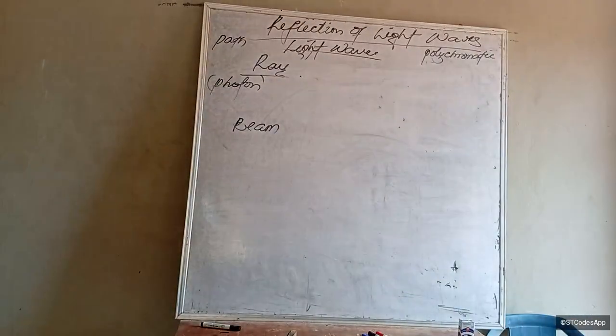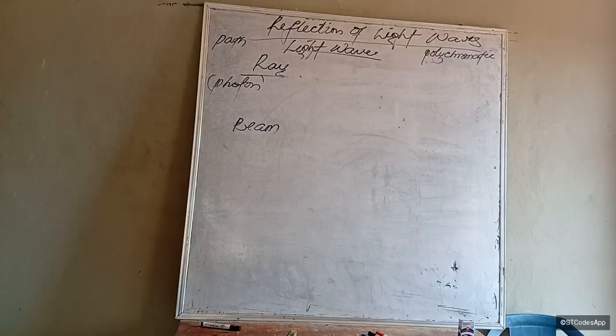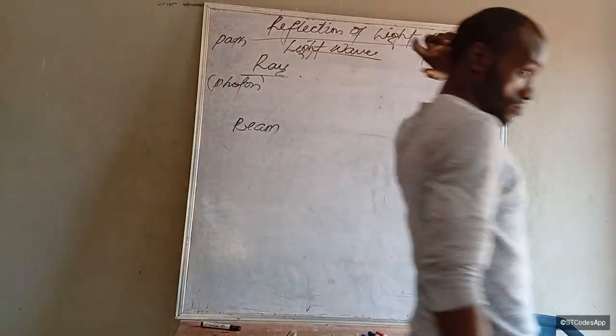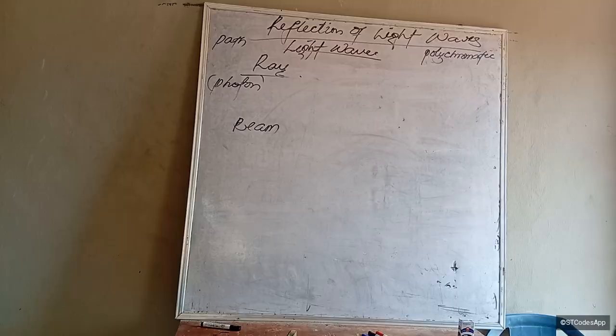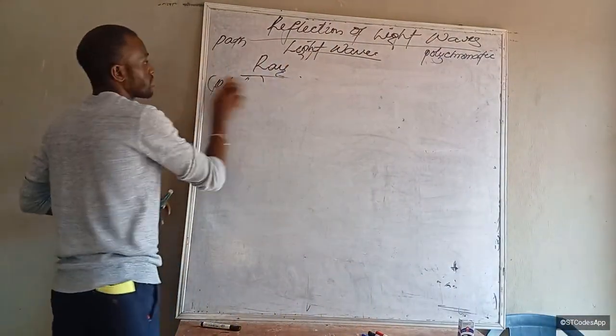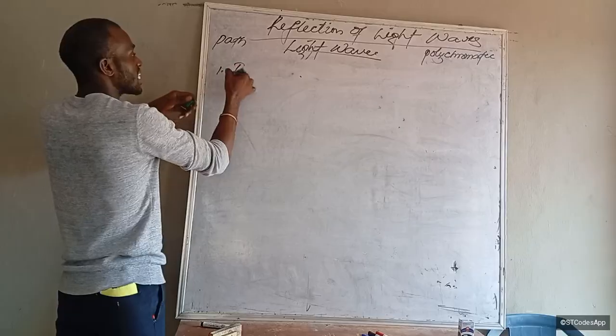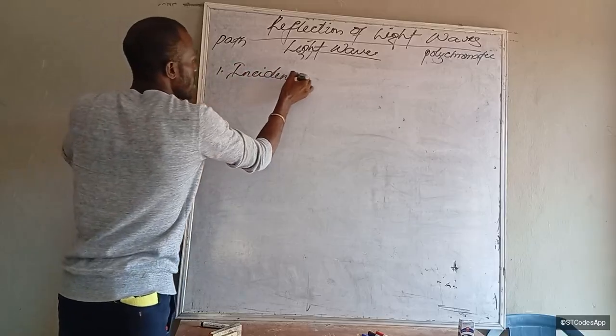Many rays make a beam. Types of rays. One, incident ray.